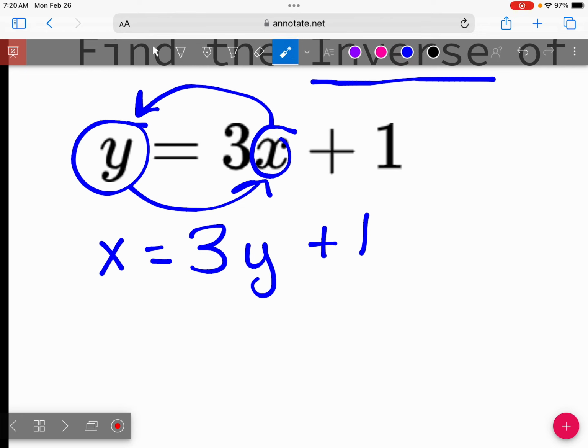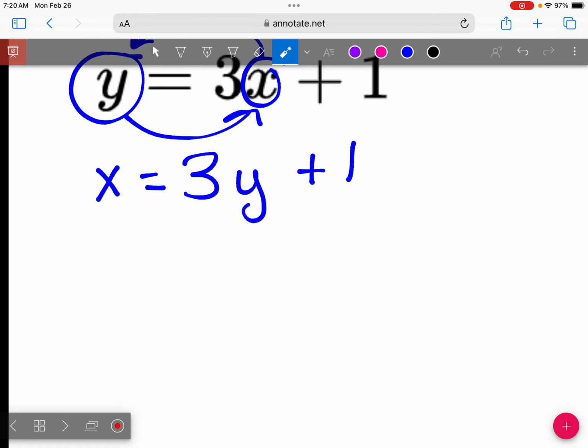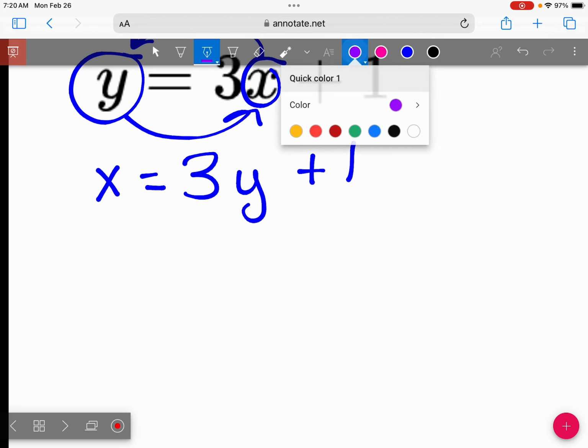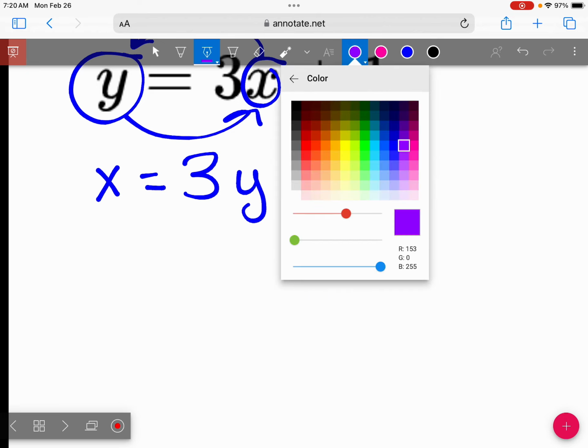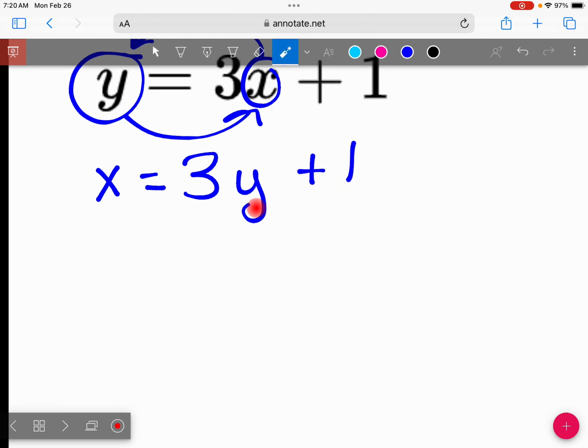This is just no longer good math grammar because we don't like to have x equals, we like to have y equals. So what do I do to fix this? How do I get y by itself?